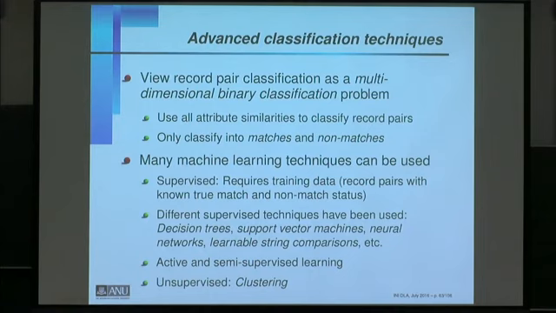Many machine learning techniques have been used. If you have training data, then we can use supervised techniques such as support vector machines, decision trees, neural networks, etc. I mentioned learnable string comparison, so we can learn the edit costs, which can improve our linkage and modify our similarity calculations. If we don't have training data, we can use active learning.